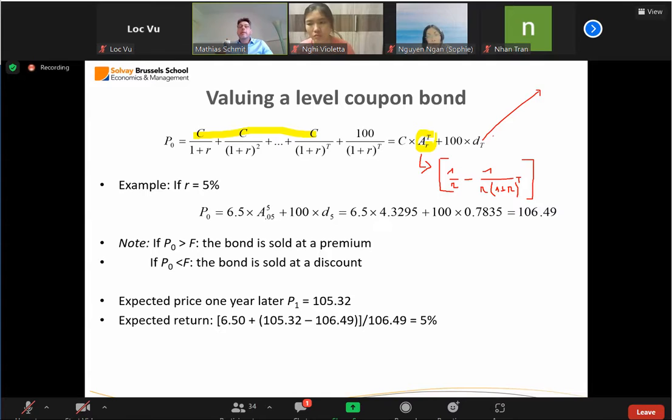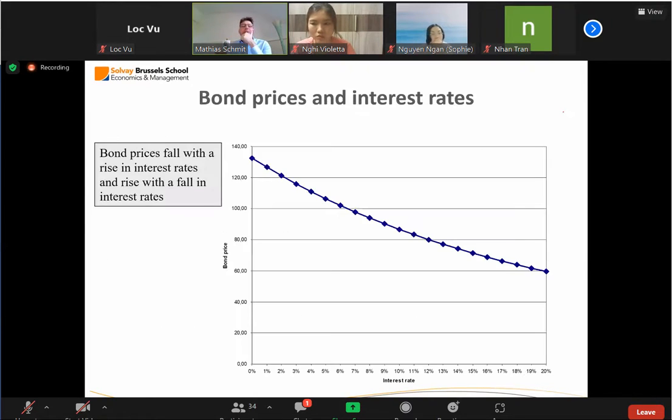So the discount factor T for the rate R is 1 over (1 plus R) exponent T. So it's the way we value it. And this we already discussed.